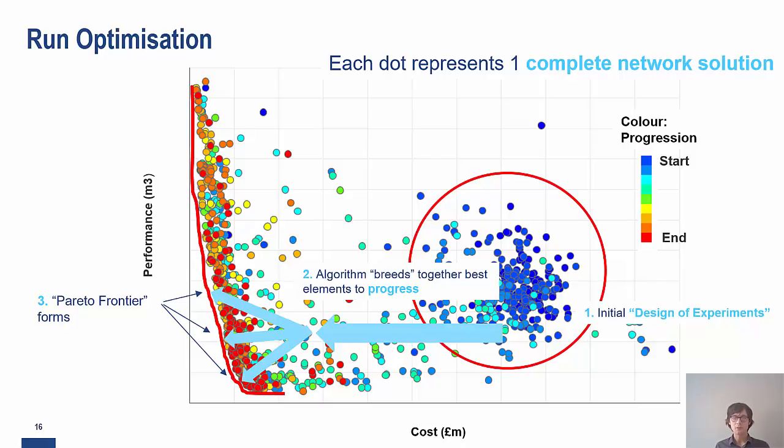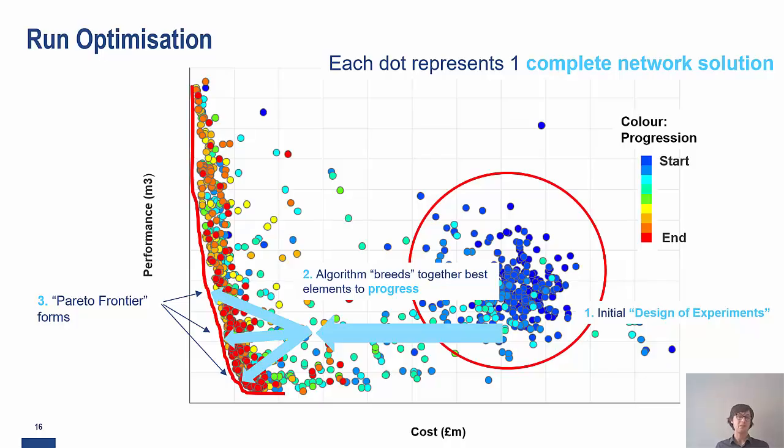So often we'll start off perhaps where the blue points are with an initial design of experiments, just trying to sample all of the various options available to the optimizer. From that, it then learns which options are particularly good and beneficial and breeds those together to progress to solutions of a lower cost and a lower performance until we get a Pareto frontier forming.